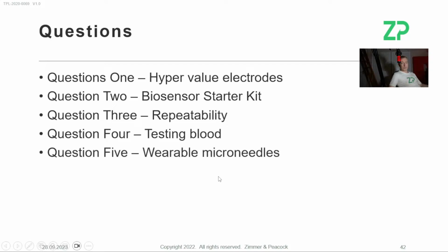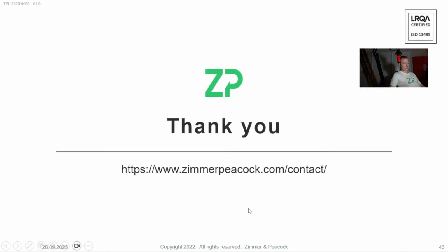You have to have a proper contract with ZP and do this in a proper program. Wearable microneedles, yes, we're very experienced in it. Thousands of hours of experience, also backed up by the hardware, the sensors themselves, the ability to manufacture this, and obviously a deep patent portfolio as well.